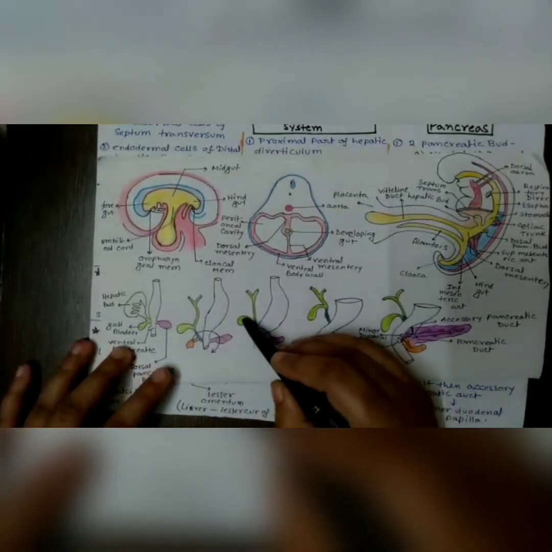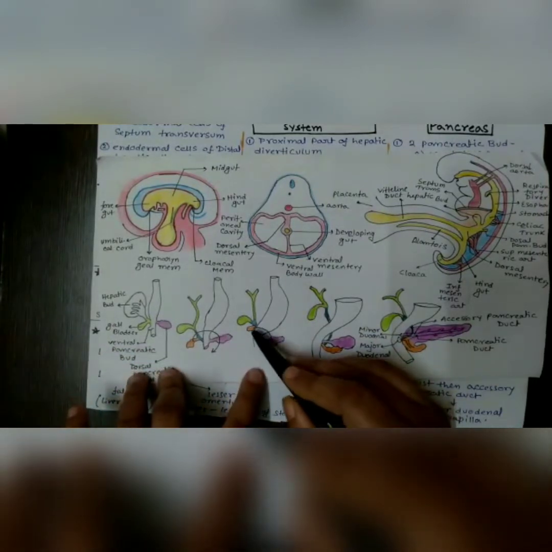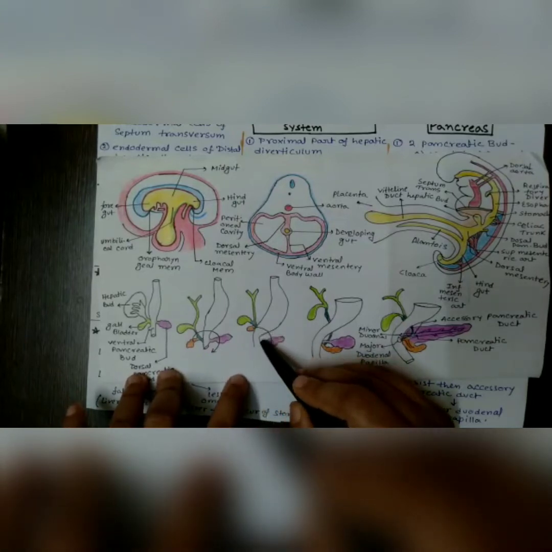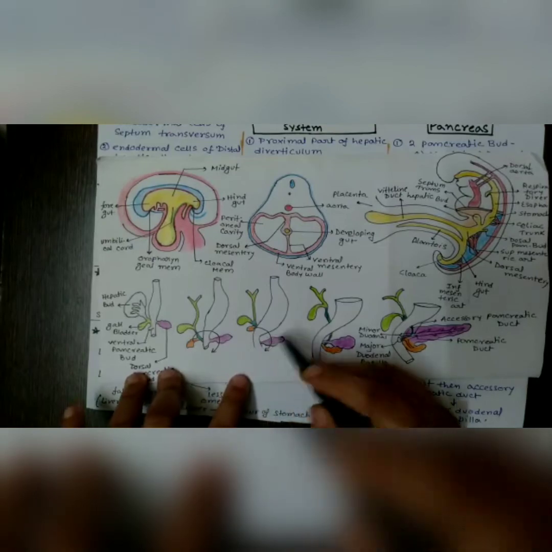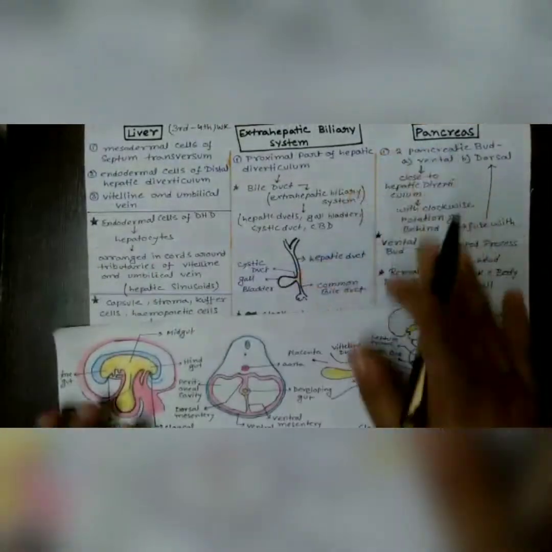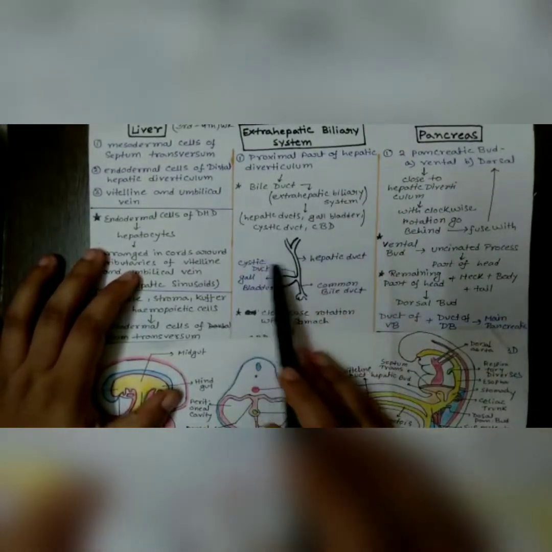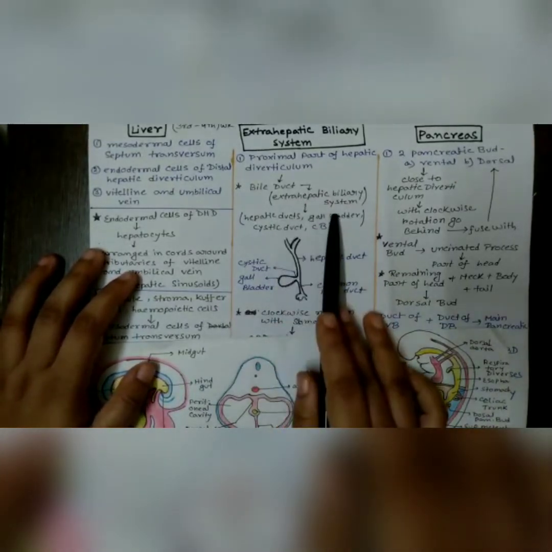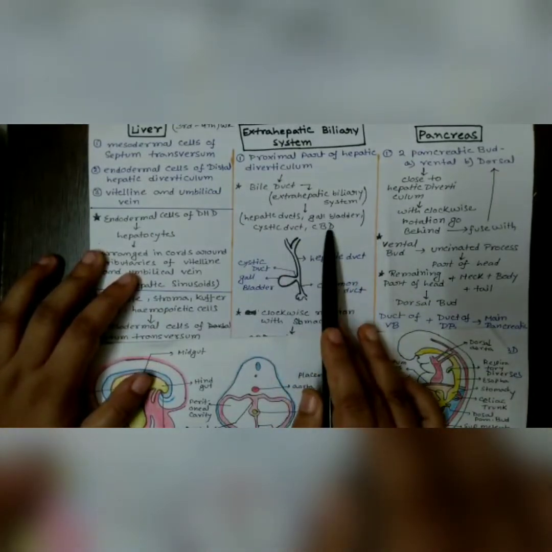So when they rotate, they fuse with the dorsal portion of this. When they fuse, we all know that the common bile duct and pancreatic duct open at the major duodenal papilla, ampulla of Vater, etc. So that's how the extrahepatic biliary apparatus develops: the proximal part of the hepatic diverticulum gives rise to the bile duct, which later is responsible for giving rise to the hepatic duct, gallbladder, cystic duct, and common bile duct, right?